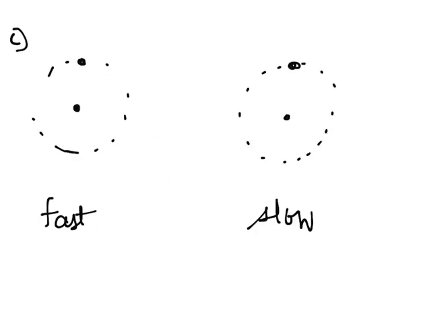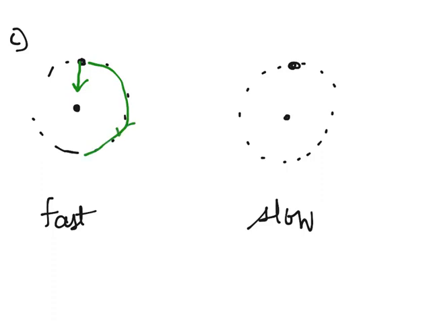Alright, part C asks us to imagine that the satellite is either too fast or too slow to go around in a perfect circle. So it's asking us what's going to happen. We have to remember that we have a certain amount of force pulling this thing in. And if it's exactly right, it'll go around in a circle.